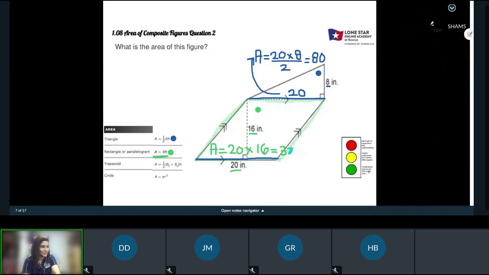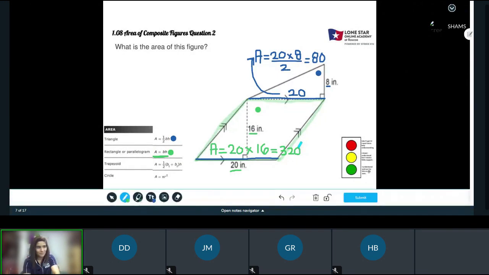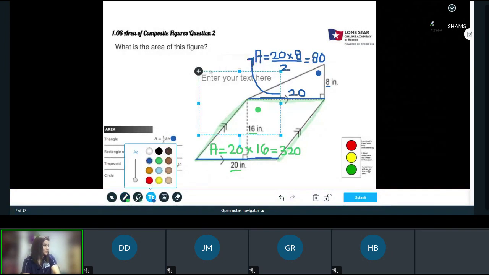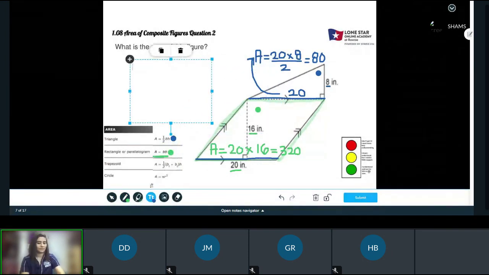Let me know if anybody has questions over it. In order to find the total, I'm going to add the two areas up. So area of the triangle is 20. No, area of the triangle is 80. And area of the parallelogram is 320.